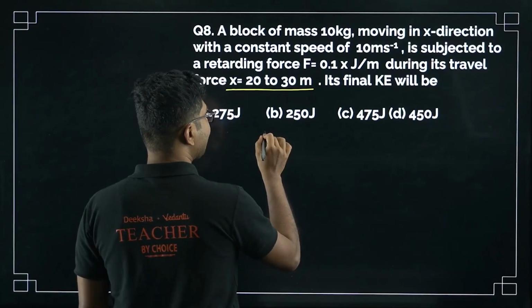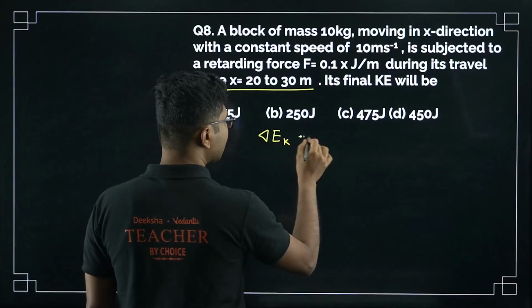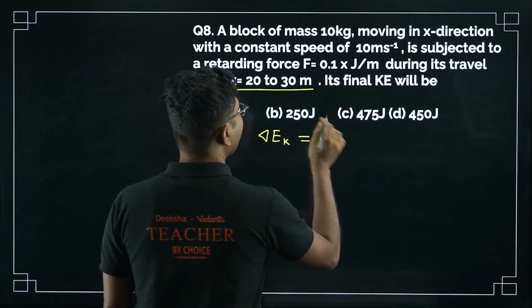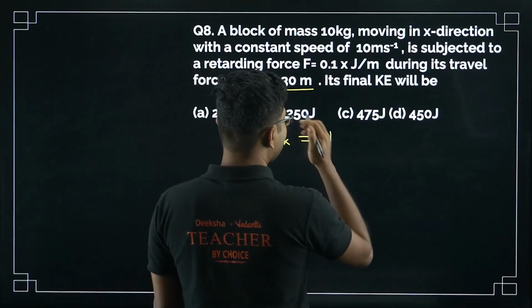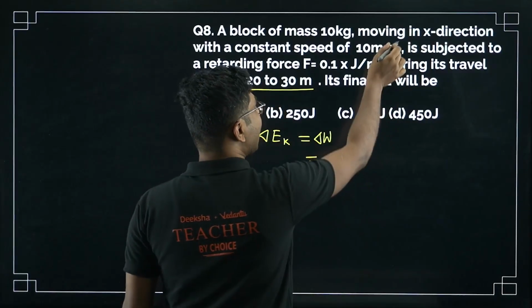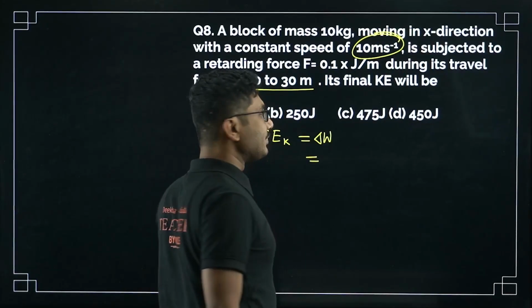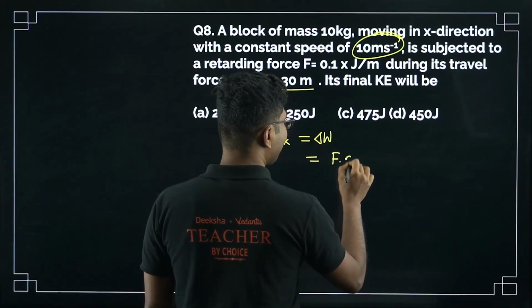What is the work energy principle? Change in kinetic energy will be equal to the work done. Okay, so what is the change in kinetic energy? First of all, calculate the change, then we will add the initial kinetic energy using this. So change in kinetic energy is work done. What is work done? Work done is F dx.